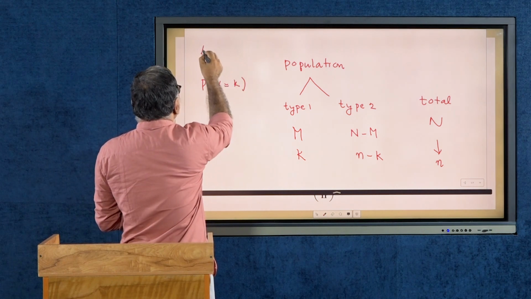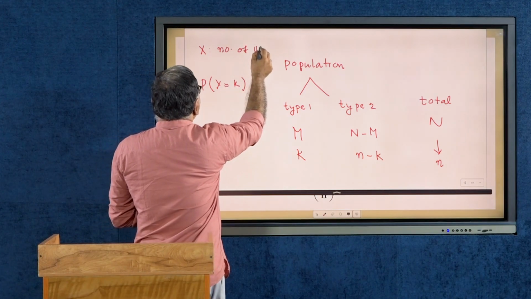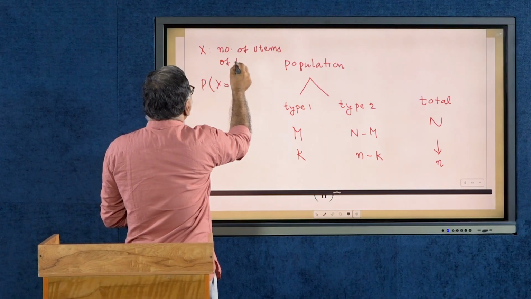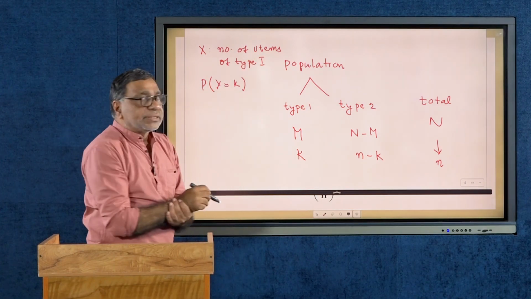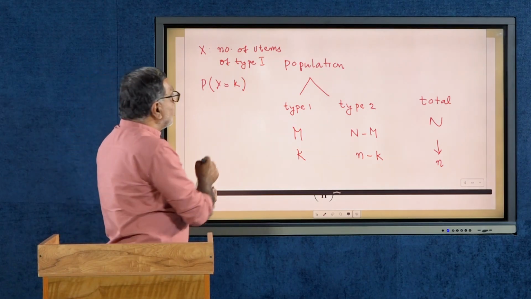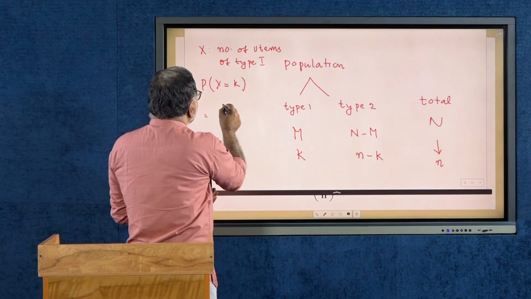Suppose X is the number of items of first type. So X we defined as the number of items of first type.